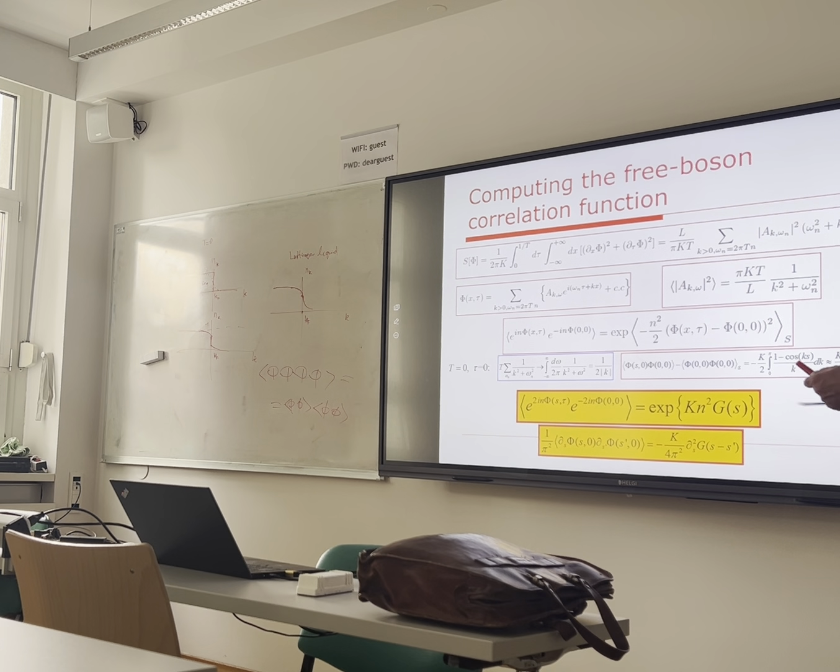When k is large, I can forget about this cosine factor, and it will be 1 over k. It gives a logarithmic divergence. But when k becomes small, this cosine factor should be taken into account, because 1 minus cosine for very small k becomes 0, and this makes the cutoff of this logarithm.